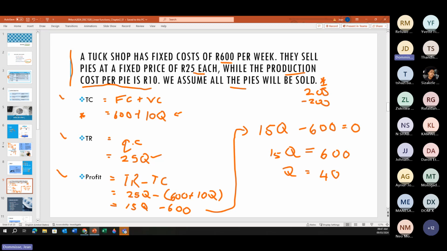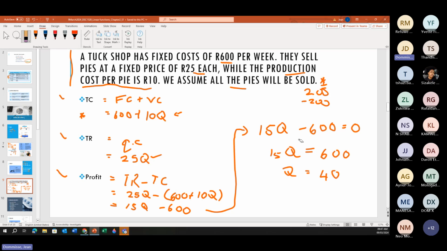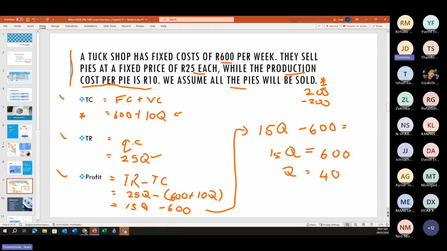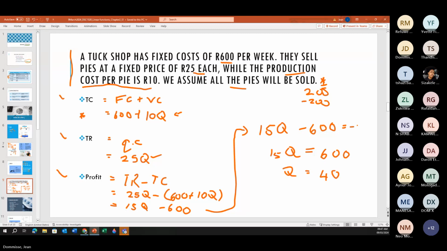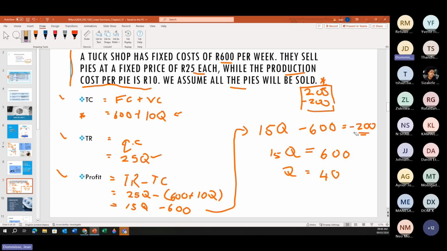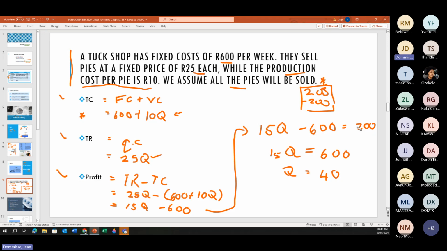So then your profit function will look exactly the same, but instead of making a profit or no money, you will make a loss of 200 Rand. Okay, so just important, they didn't mention that we're making any profit or loss, so then we assume it is equal to 0 unless they tell us we're making a profit or we're making a loss.